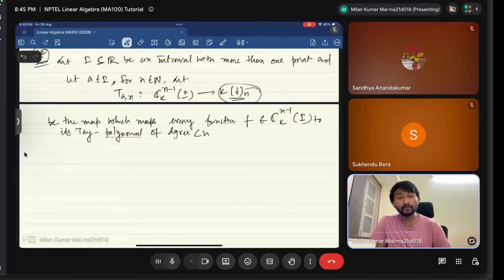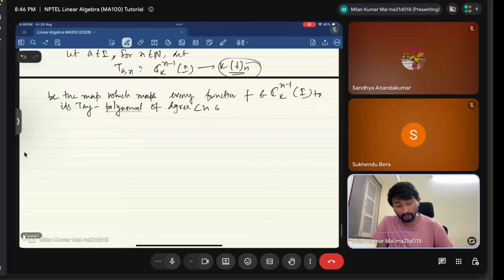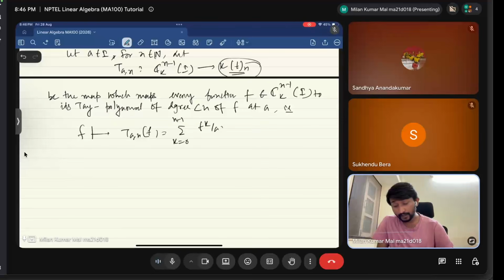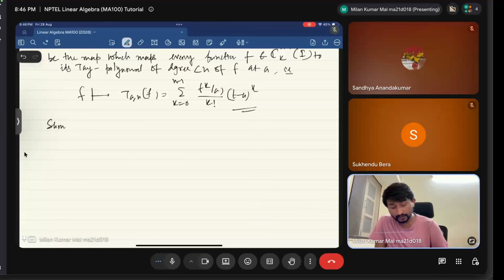So that means this is a polynomial of degree less than n. The Taylor polynomial of f at a is T_a^n f = summation of k equals 0 to n minus 1 of f^(k)(a) by k factorial times (t minus a) to the power k. Question is, this is what it is.